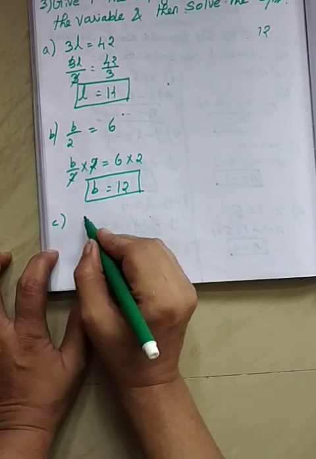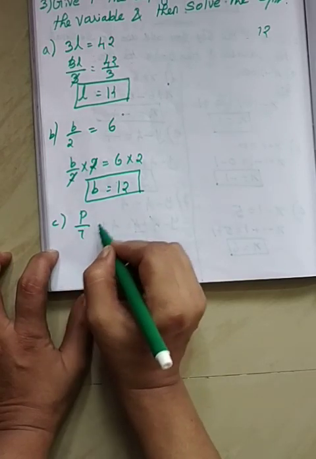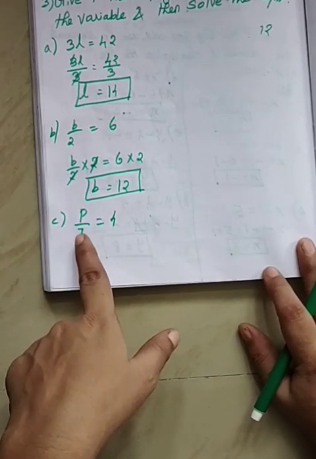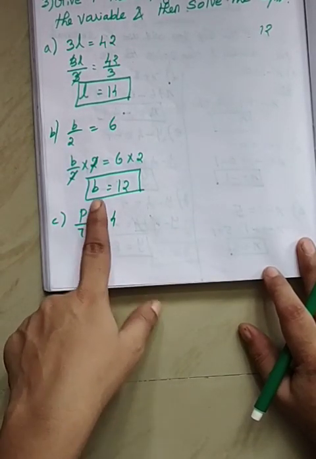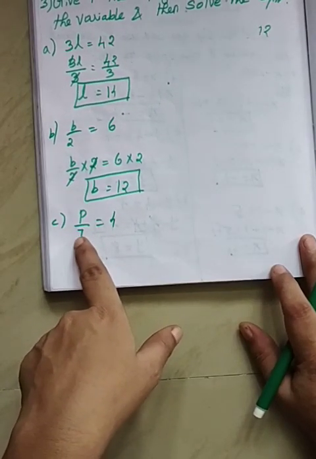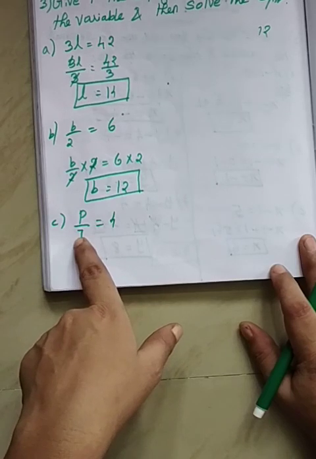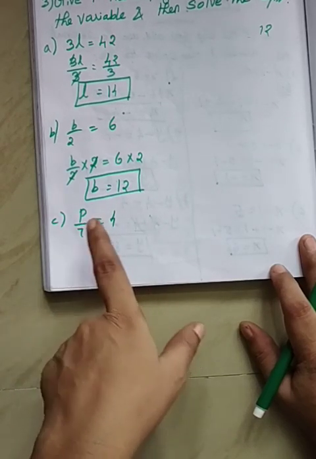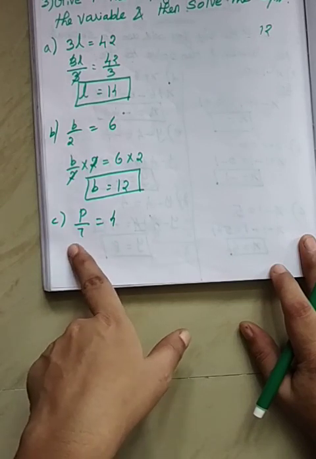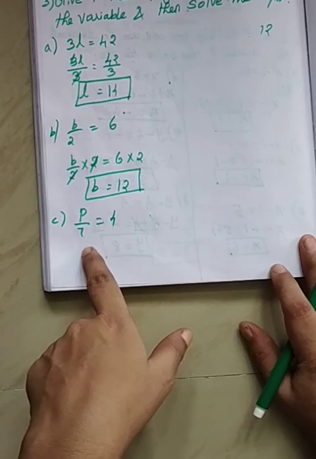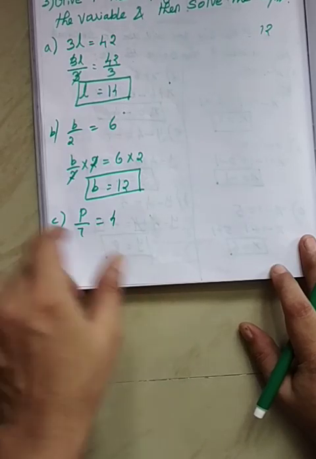Now see the next problem. P by 7 is equal to 4. See here, P divided by 7. You need P only, so you have to remove the 7. So you have to multiply both sides of the equation by 7, because divided by 7 is there.